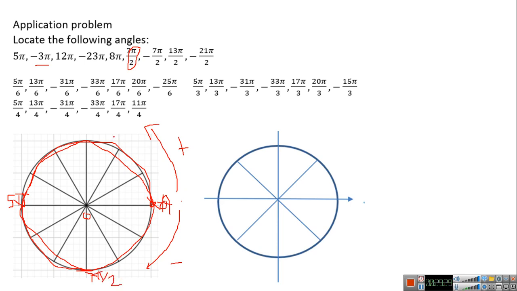So as I said, pi over 2, 2 pi over 2, 3 pi over 2, 4 pi over 2, 5, 6, 7. I want minus 7, negative now. A circle is minus 4 pi over 2, then minus 5 pi over 2, minus 6 pi over 2, and here minus 7 pi over 2.